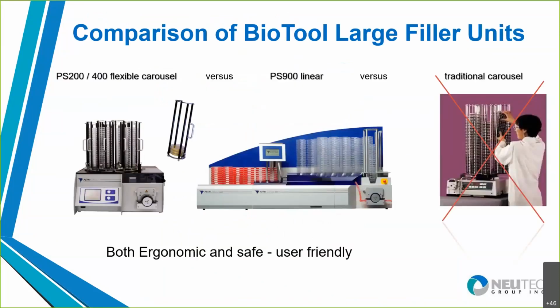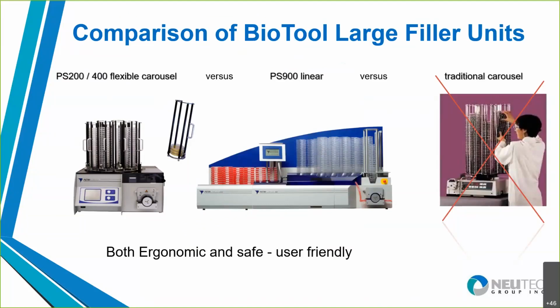Now, in terms of comparisons of the BioTool large filler units to the traditional carousel approach, there are some big advantages, not only for the carousel that BioTool produces, but even more so for the linear approach that we just described.